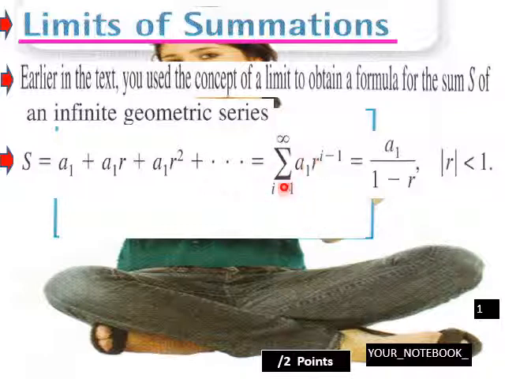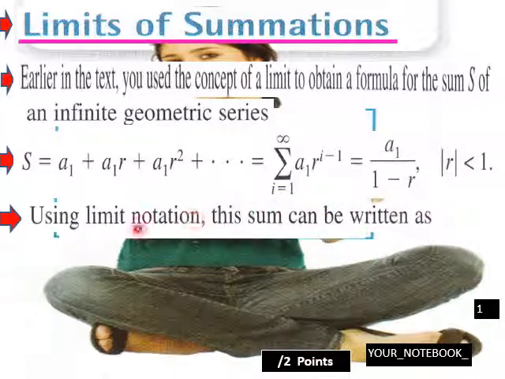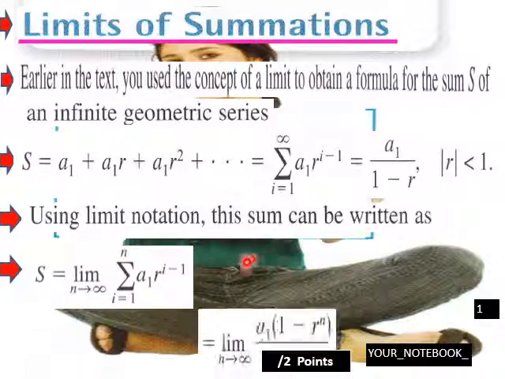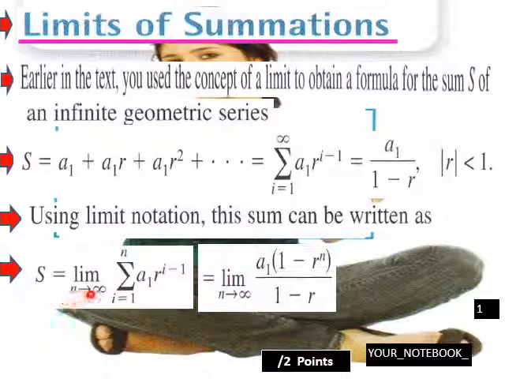This amounts to a summation with an upper limit of infinity, i equals 1, a1 r to the i minus 1, equals a1 over 1 minus r, where the absolute value of r is less than 1. Using limit notation, this sum can be written as the limit as n goes to infinity, where the upper limit of the summation is now n, i equals 1, a1 r to the i minus 1.